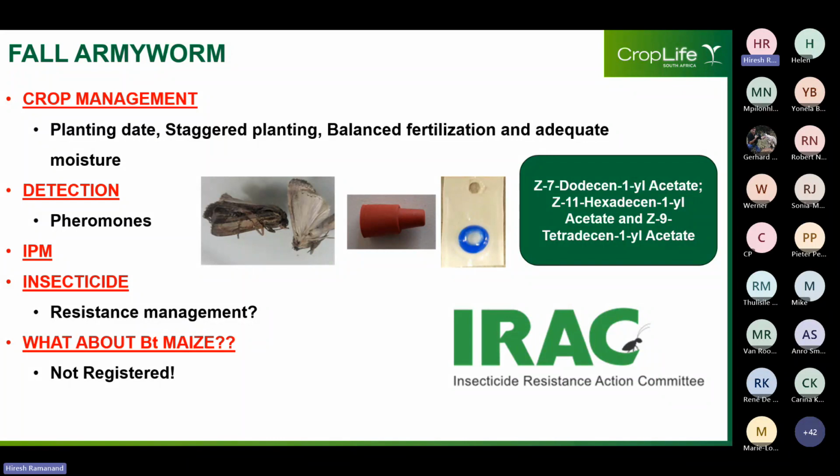Fall armyworm control programs in medium and low-risk areas should be guided by the principles of integrated pest management. As the pest cannot survive in these areas, it migrates from the overwintering areas to the medium and low-risk areas during spring and summer. It is impossible to determine when or even if a serious infestation will occur.